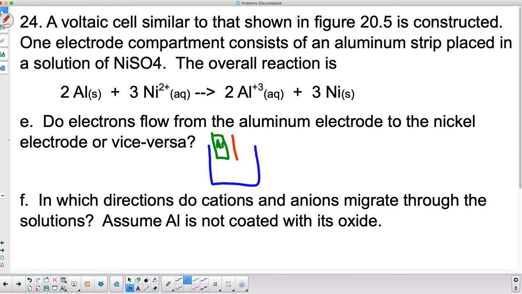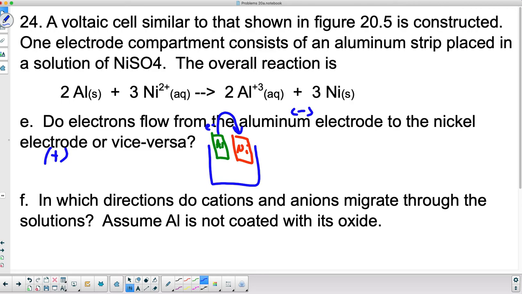Here is the nickel, and it's red because it's reduction, which means it's the cathode, which means it's the positive part. So as it turns out, electrons flow from the negative to the positive. Okay, negative to positive, which means they go from the aluminum, which is negative, to the nickel, which is positive. So the nickel electrode is positive, and the electrons flow over there.